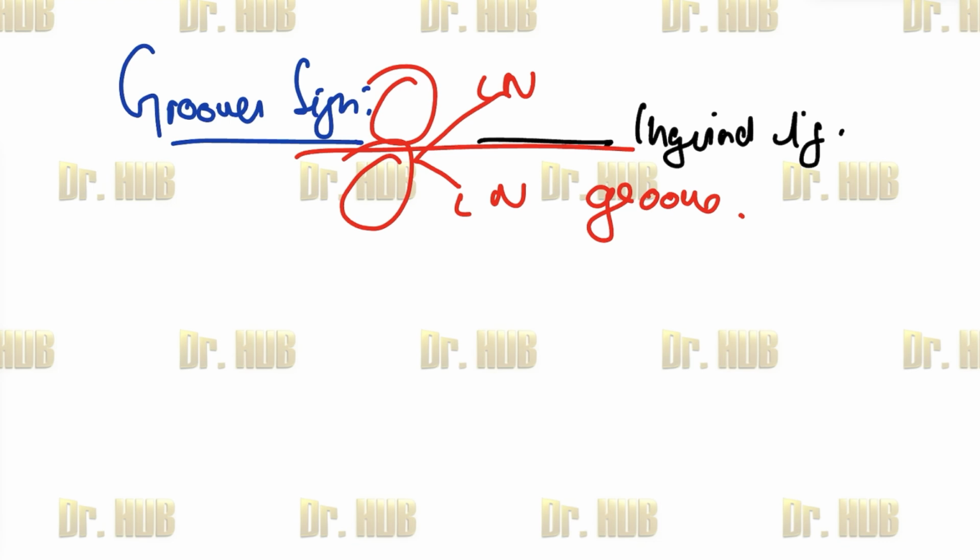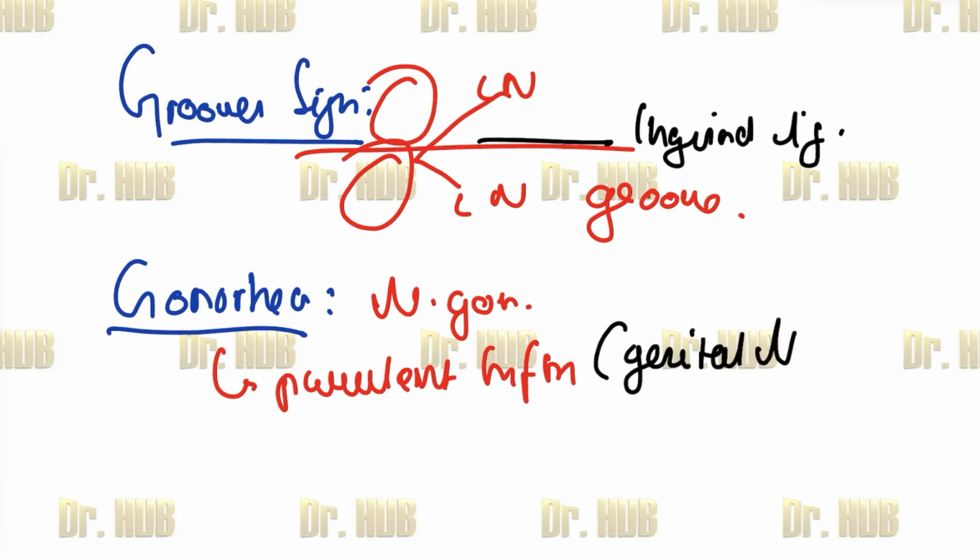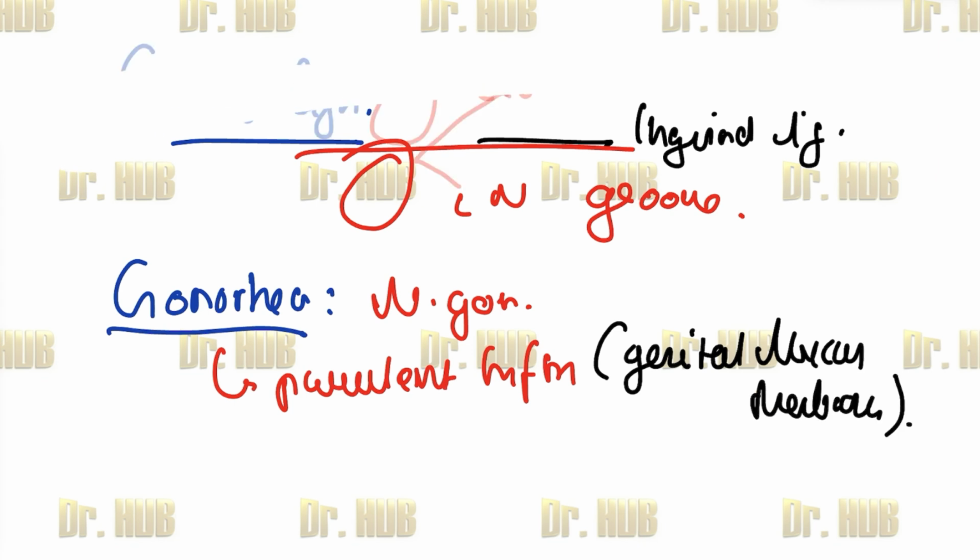Next we look at gonorrhea. Gonorrhea is caused by Neisseria gonorrhoeae, as the name suggests, and it leads to purulent inflammation of the genital mucous membranes. How does gonorrhea present? It presents as urethritis.